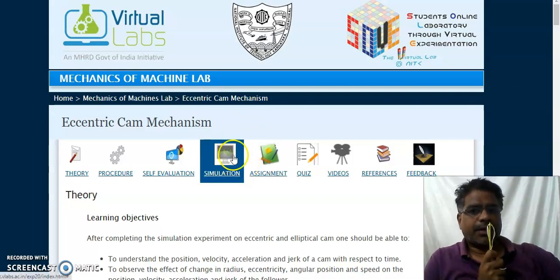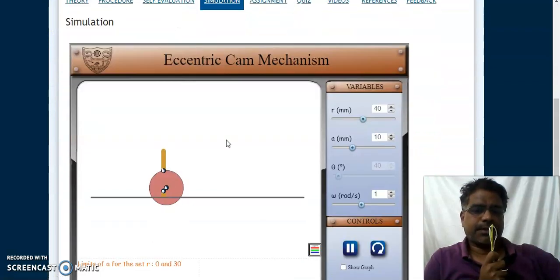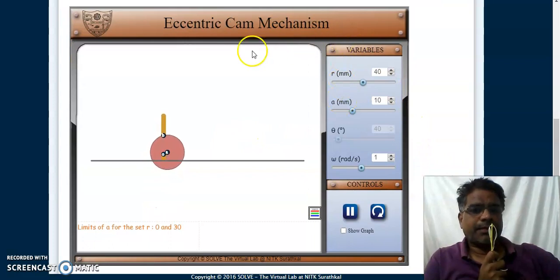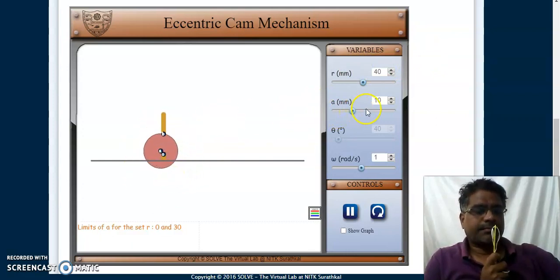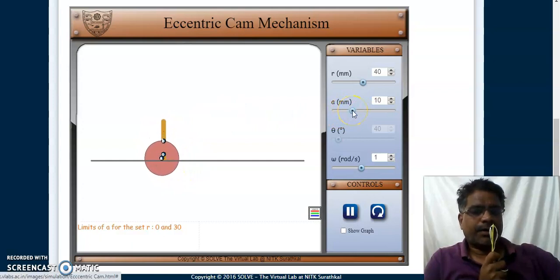If I go directly to the simulation, you can see how we achieve the eccentricity. In this one we can see the variables. R is the radius of the cam, that is the base circle radius. Now we have one term called A. A is the eccentricity.